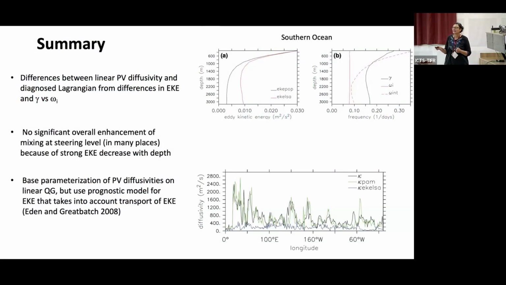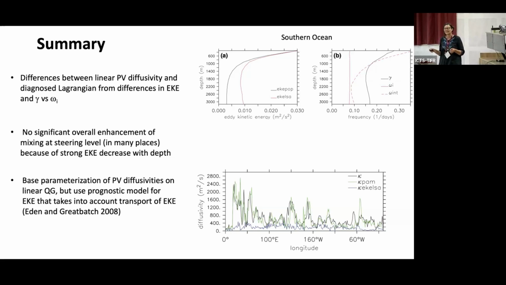So the summary is, there are large differences, but they can be explained by the differences in the eddy kinetic energy and gamma versus omega I. So there is actually no significant overall enhancement of mixing at the steering level because the EKE decreases strongly with depth. Even though there are large differences, you're not lost here.